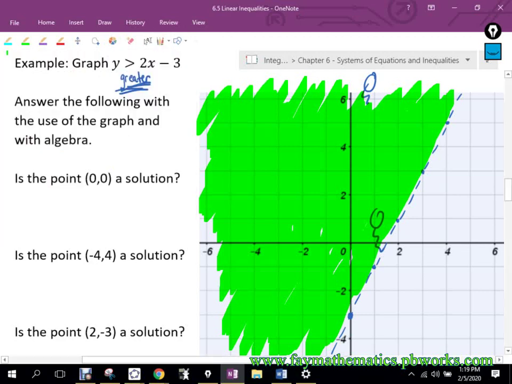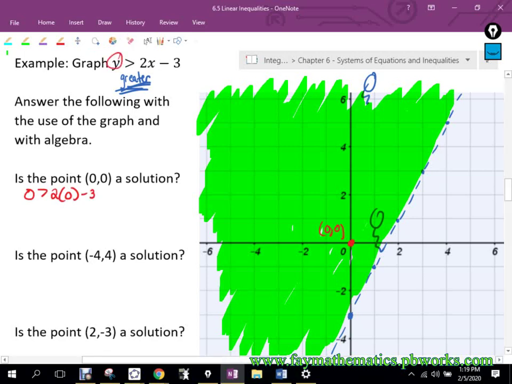Now what I want to do is choose, it kind of walks me through just checking to see if some things are solutions. This point right here, 0, 0, is that in the green? Yeah, so that means it's a solution, right? I just want to double check algebraically to see why we consider it a solution. If I plug y to be 0 in, x to be 0, I get that statement there, right?